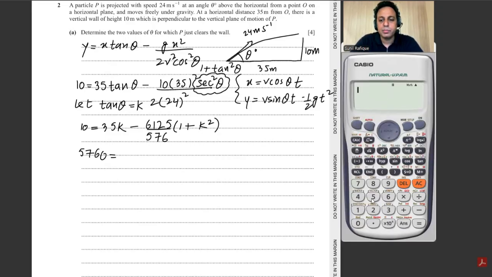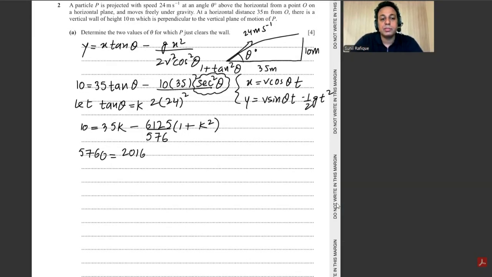Who cares? I can use my calculator to solve this equation. 35 times 576 is 20160k minus 6125 and minus 6125k squared.